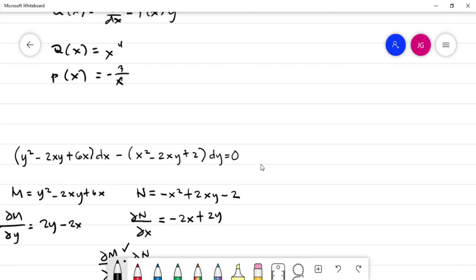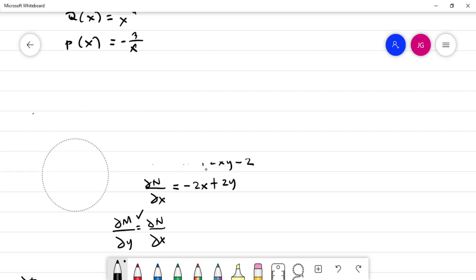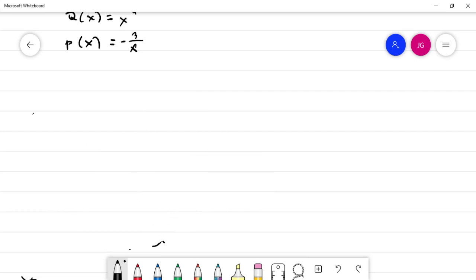So in terms of our equation, we write e raised to the integral of p dx, where p of x is negative 3 over x, then dx.